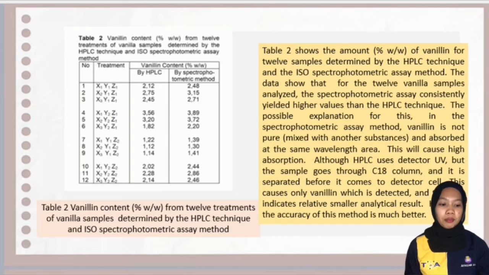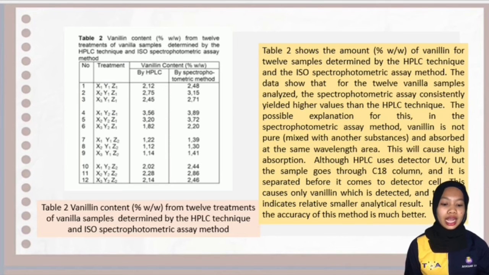Table 2 shows the amount of vanillin for 12 samples determined by the HPLC technique and the ISO spectrophotometry assay method. The data show that for the 12 vanilla samples analyzed, the spectrophotometry assay consistently yielded higher values than the HPLC technique. The possible explanation for this is that in the spectrophotometry assay method, vanillin is not pure, but mixed with other substances that absorb at the same wavelength area.